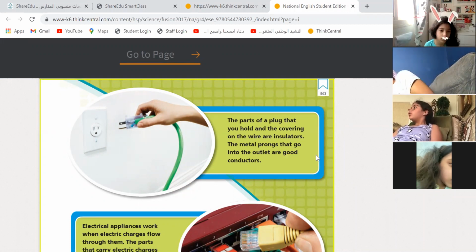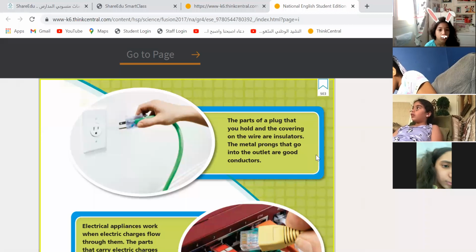Okay, each one of them has a different job, and heat has a different job than electricity, but both of them are dangerous. Both of them need conductors and insulators to work with them. Do you understand? Very good.